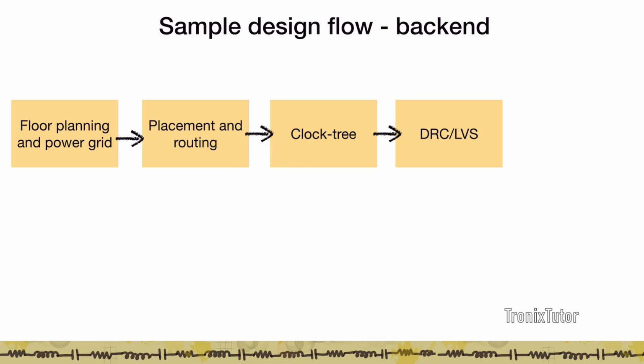Once all these parts of the design are put together and the gates are put together, we do what is known as a DRC check and an LVS check. DRC stands for design rule check, and LVS stands for layout versus schematic check. So once the gates have been converted into layouts, they are extracted out again, and we confirm that whatever was the intended gate layout has shown up in the layout, number one.